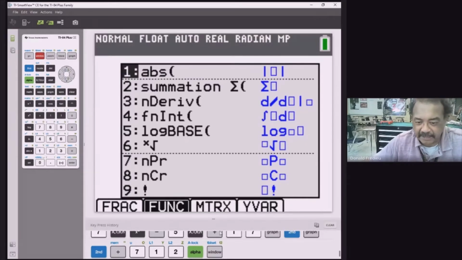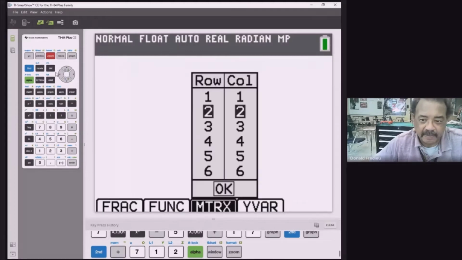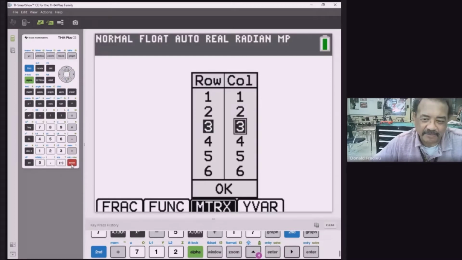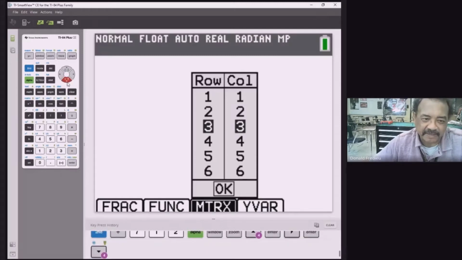If you were looking at a calculator, the zoom key would be right under this. And then I'm going to go up till I get to 3. I'm going to go over. I'm at 3, so I'll enter that.